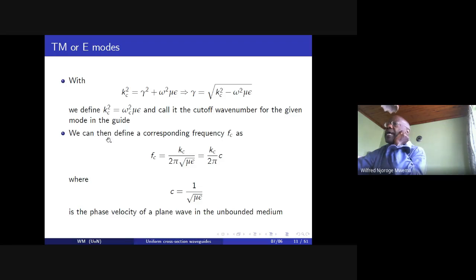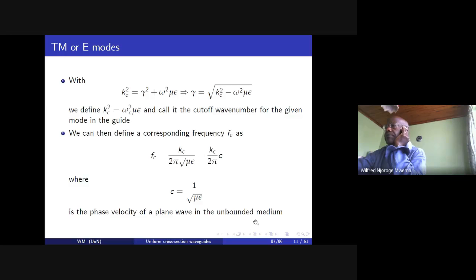Now, we can define a corresponding frequency, Fc, as Fc equal to Kc divided by twice pi root mu epsilon, and we see that this is just Kc by twice pi multiplied by c, where c is simply 1 over root mu epsilon, that is the speed of light in that medium in the waveguide.